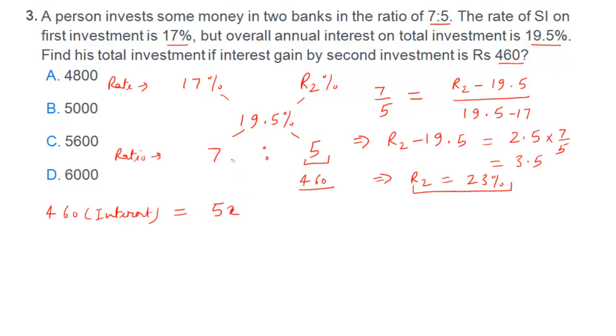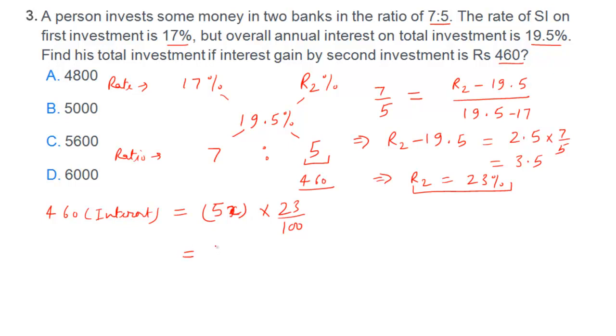If the total investment is 7 plus 5, 12x, so out of 12x, this 5x is the second investment, multiplied by 23/100. So this is something that you need to understand, why I am writing this. The simple interest formula has been applied here. 460 is equal to 5x multiplied by 23/100.